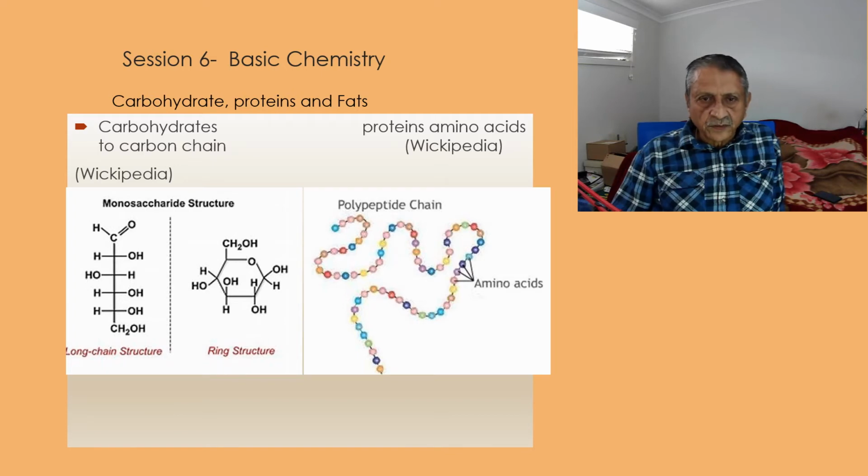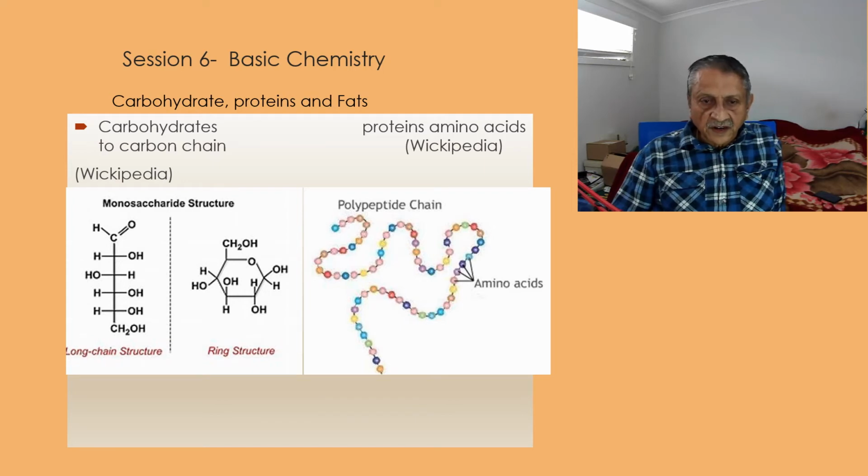Now, with respect to the proteins, a protein contains a series of polypeptides, which itself is a chain containing amino acids. The amino acids are actually small little compounds containing carbon, hydrogen, and nitrogen in the form of NH2 or amine.